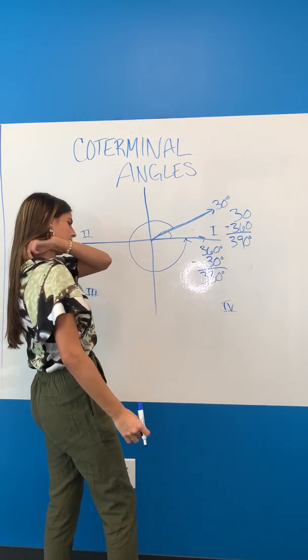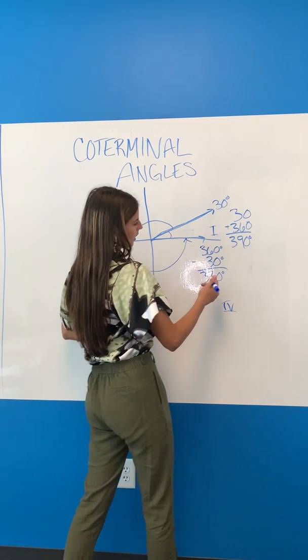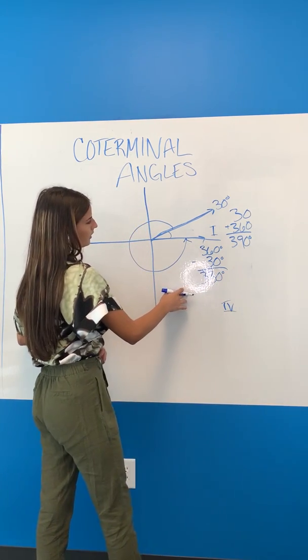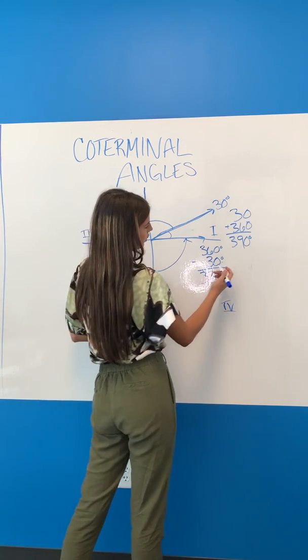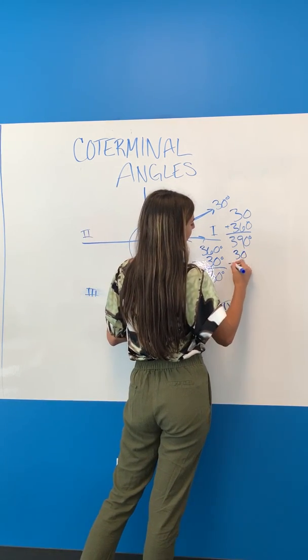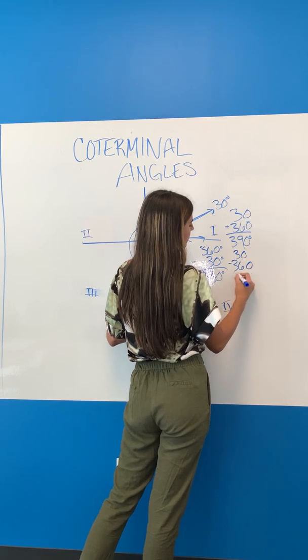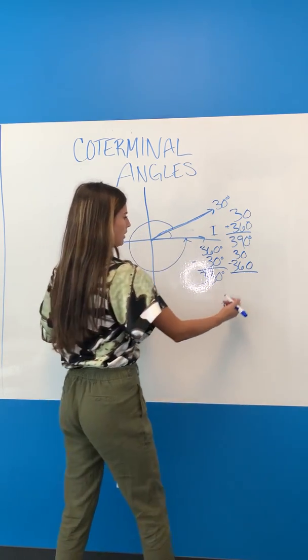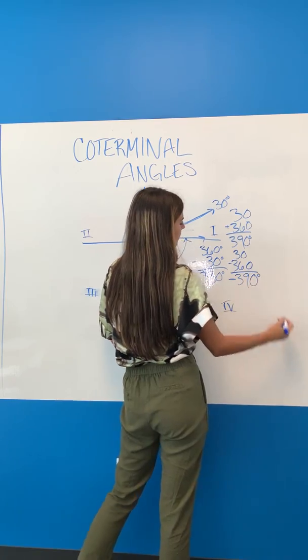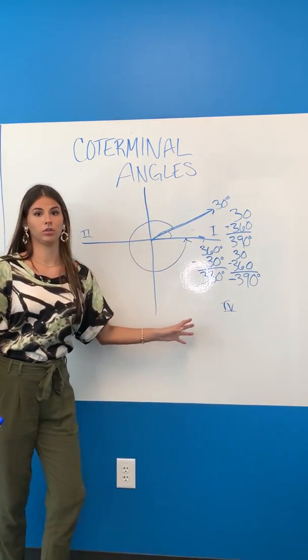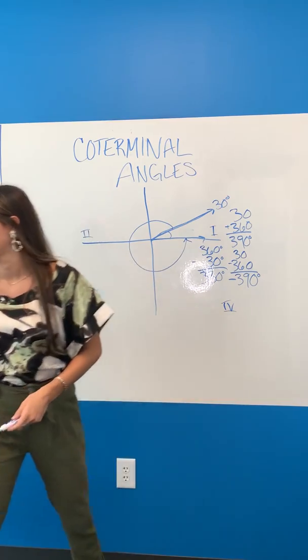That will also be a positive angle. Now, if you wanted to do a negative angle, you could do 30 degrees minus 360 degrees, which is going to give you a negative 390 degrees. But all of these are coterminal to 30.